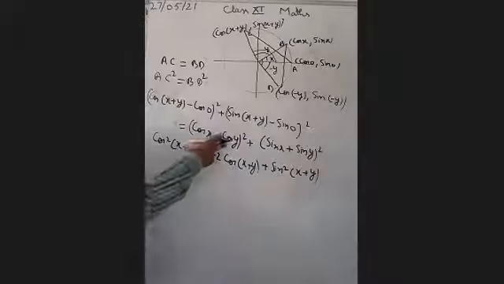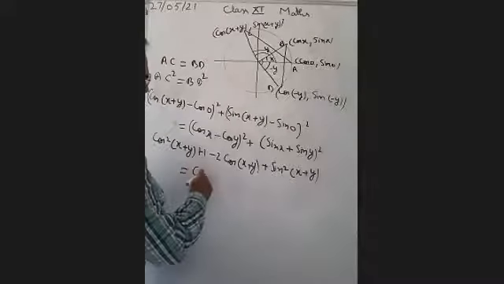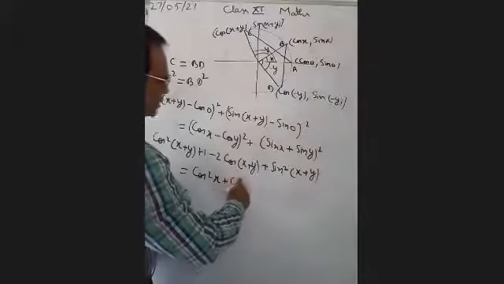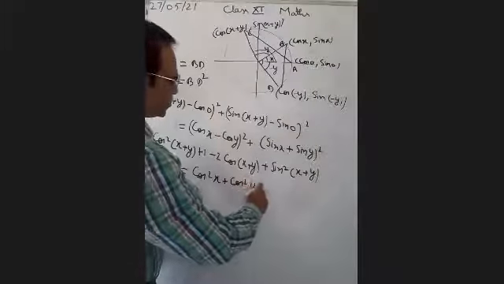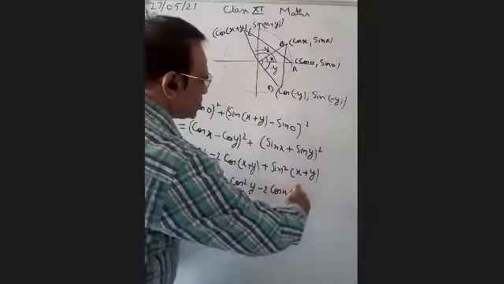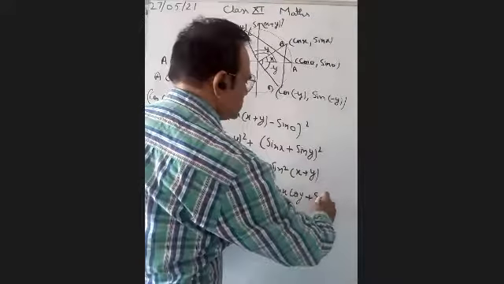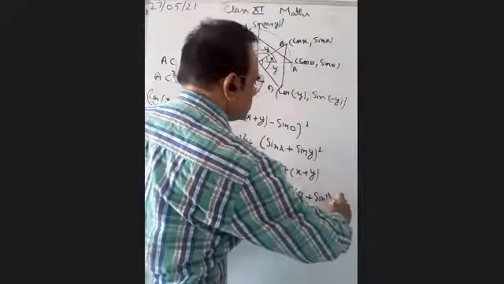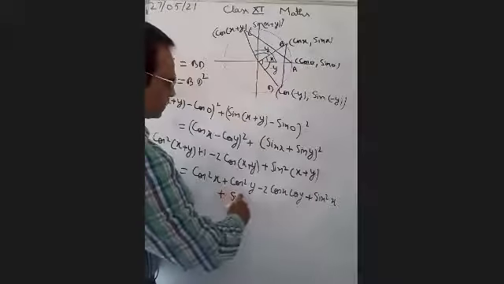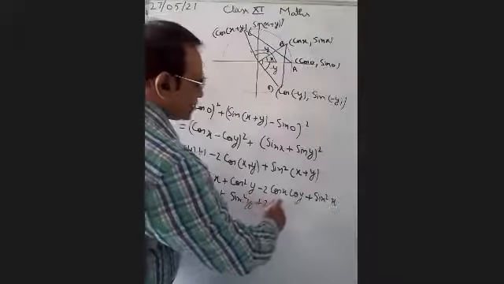Now we are using the distance formula here also. Cos square x plus cos square y minus 2 cos x cos y plus sin square x plus sin square y plus 2 sin x sin y.